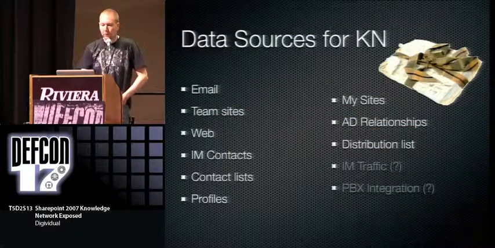The data sources that the Knowledge Network uses to harvest information include email, team sites, which are an artifact of SharePoint, websites, IM contacts, contact lists, profiles in SharePoint, my sites, which is another SharePoint artifact, Active Directory relationships, managers, divisions, things like that, and distribution lists. And speculations were for extending it into IM traffic and integration with the phone system.